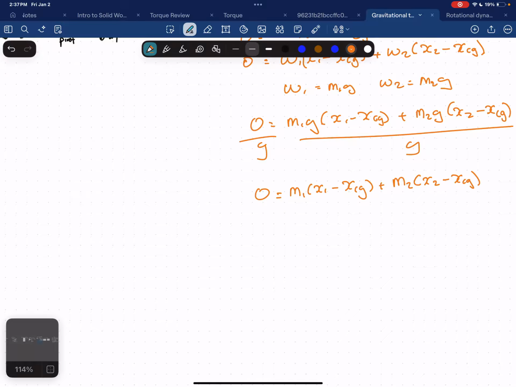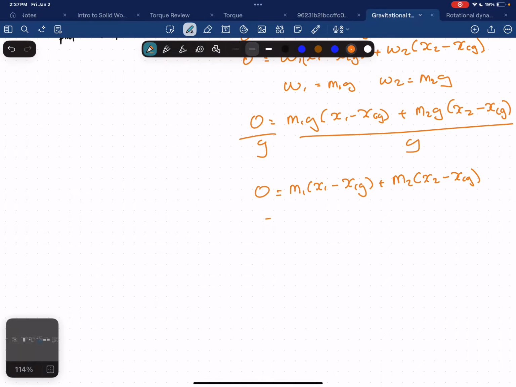So now I can factor everything in: m1 x1 minus m1 xCG plus m2 x2 minus m2 xCG.